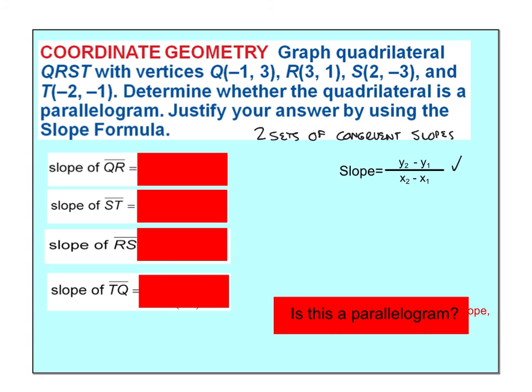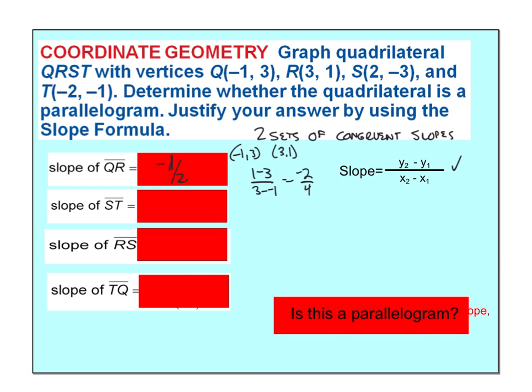Okay, so they gave us a slope formula. So QR: if I go -1, 3, R is going to be 3, 1. So that would be 1 minus 3 over 3 minus -1. So it'll be -2 over 4, which simplifies to -1/2.